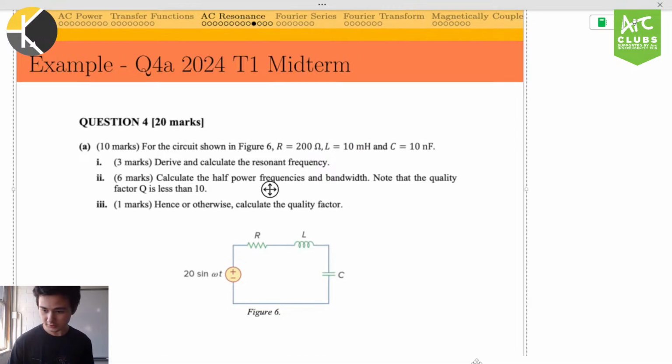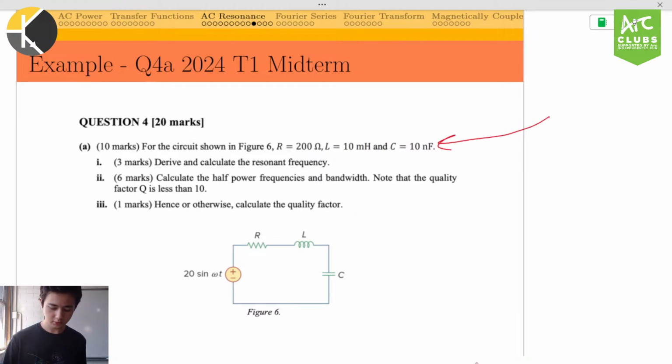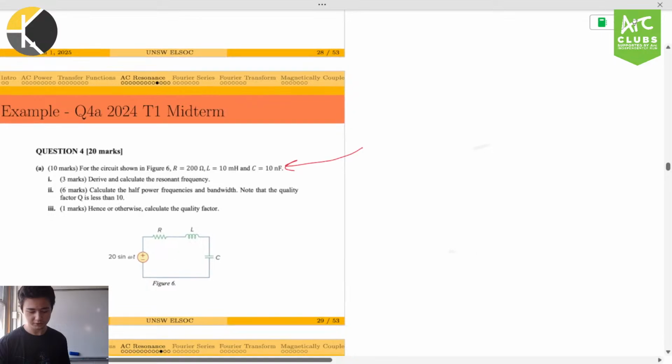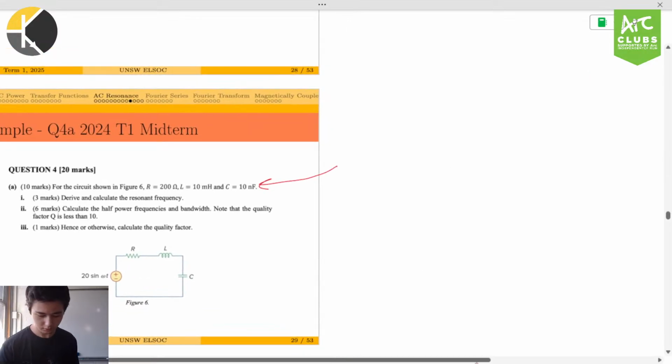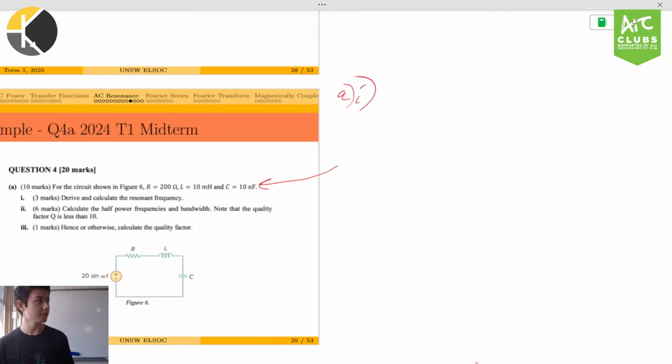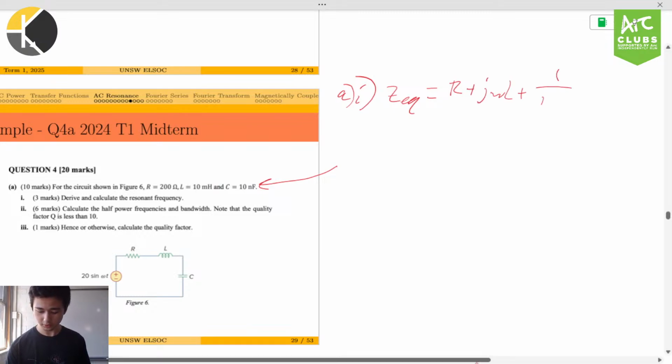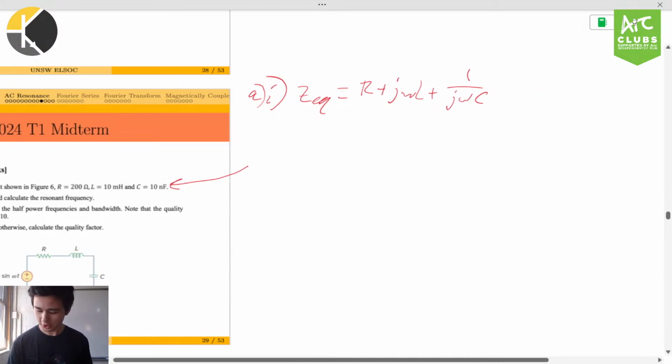As they usually come, we've got question A, the first question you would have seen. Part 1: derive and calculate the resonant frequency. We've got our circuit, it's all in series. We have Z equivalent equals R plus j omega L plus 1 over j omega C. Sorry, I meant j omega L before, in case I misspoke.